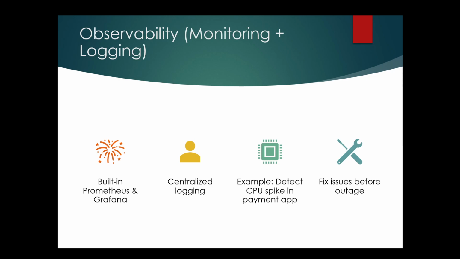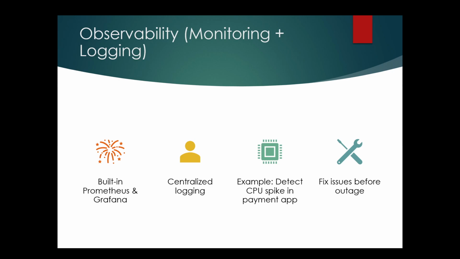Now, in terms of observability, you have monitoring plus logging, both combined together into observability. You have the built-in features of Prometheus and Grafana, and you can also download them as an operator, use it on your application, and customize it for your application. That can also be done separately. But there's already built-in Grafana and Prometheus for understanding the Kubernetes operations, and you have centralized logging for the same.